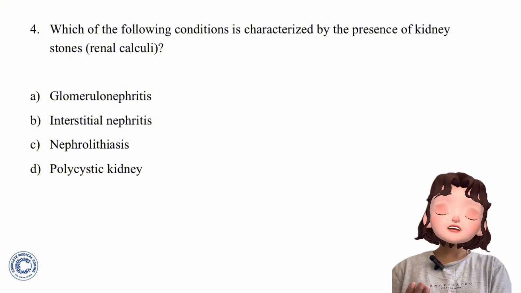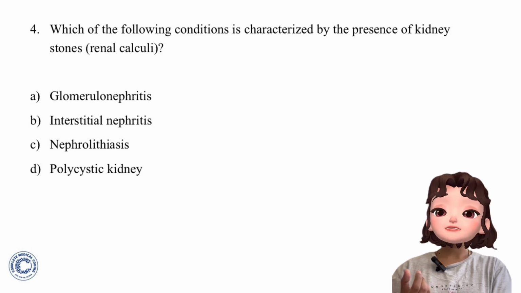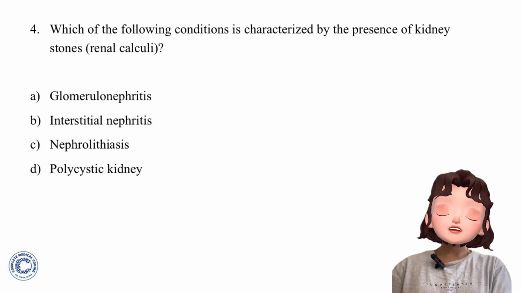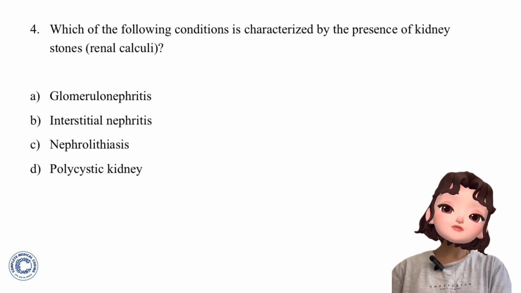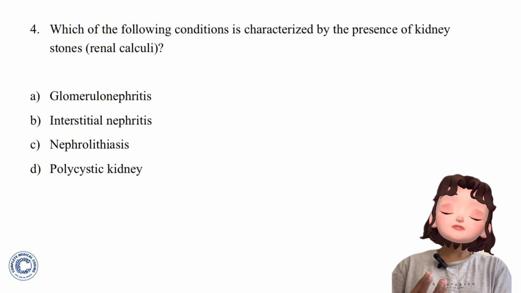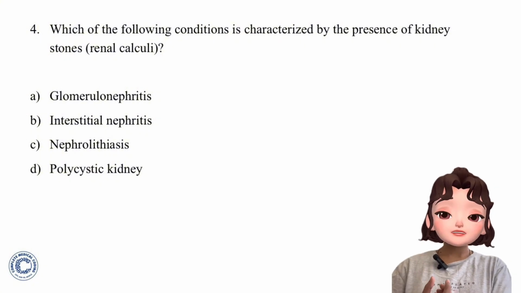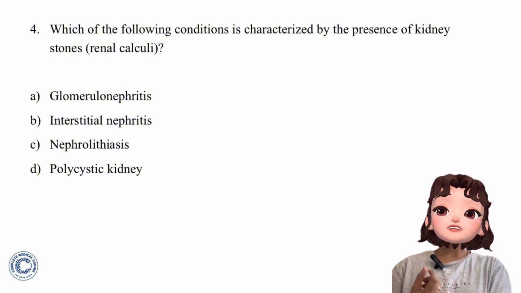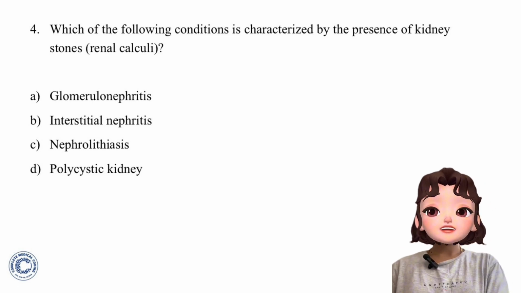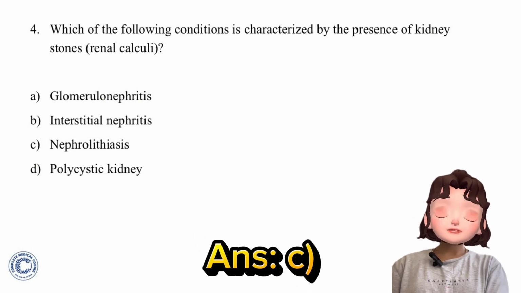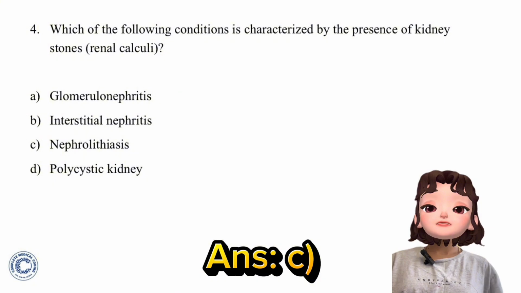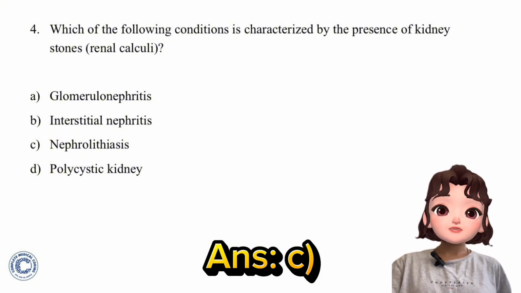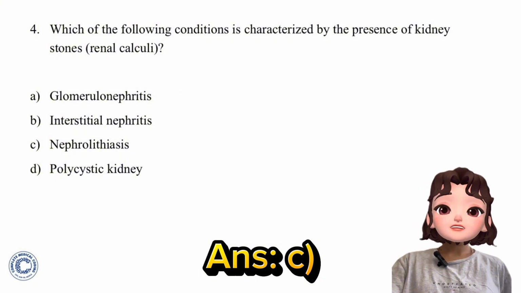Almost everything is connected to the kidney with the term, but which medical terminology marks it as kidney stone? Answer is option C, nephrolithiasis. Nephrolithiasis is considered as kidney stones or renal calculus.